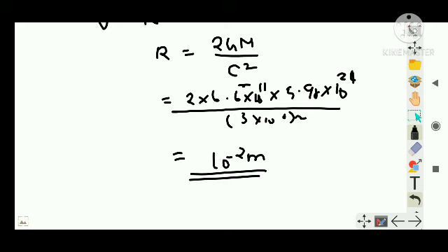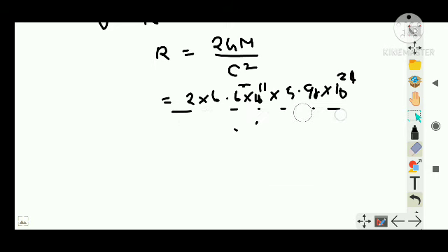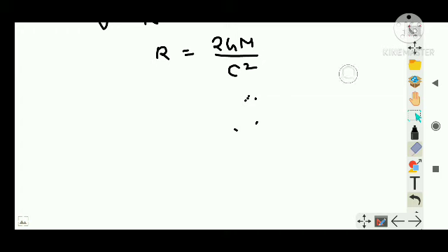That is, when the Earth becomes a black hole, its radius will become as small as 10^-2 meter. Clear?